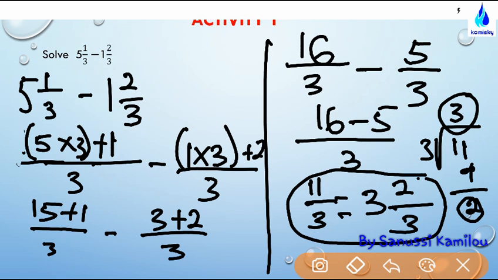Class, are you with me? So whenever you have done your calculation and you think everything is correct, but your answers are in mixed improper fraction, convert it to mixed fraction so that you will not lose marks.